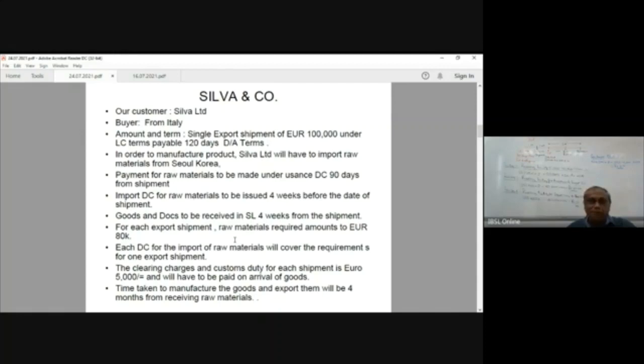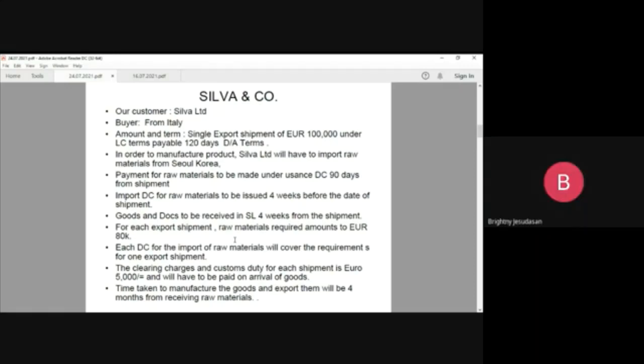Import LC for raw materials to be issued 4 weeks before the date of shipment, like the earlier sum. Goods and documents to be received in Sri Lanka 4 weeks from the shipment. 4 weeks means how many months? 1 month.